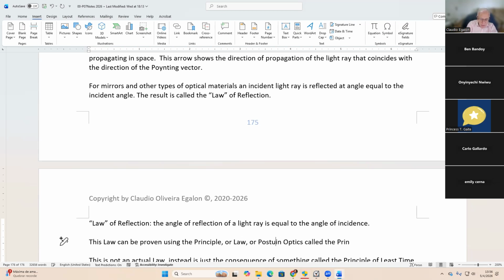Okay, they are all the same. They're all synonyms. Law, principle, or postulate, called the principle of least time.